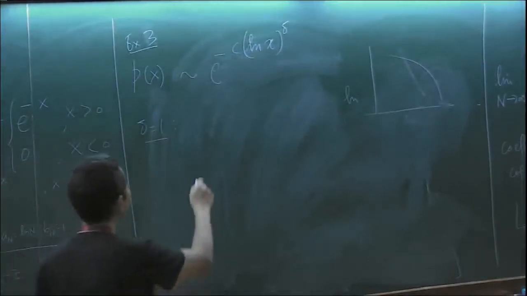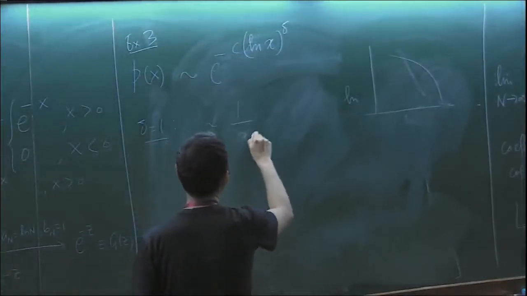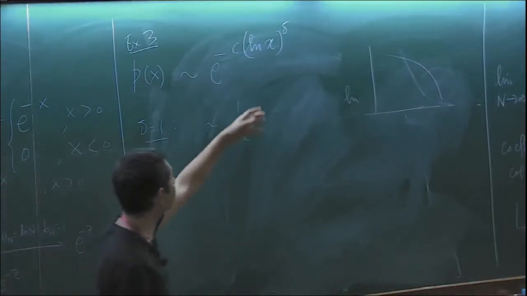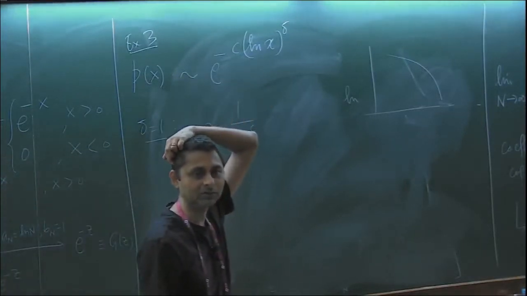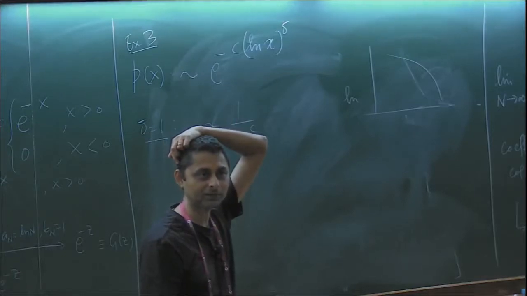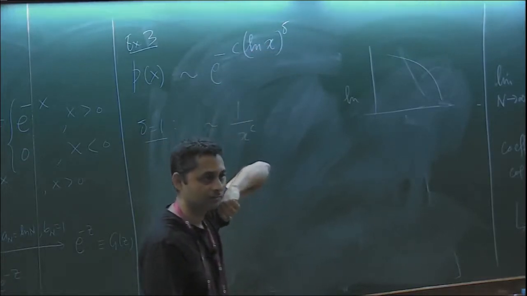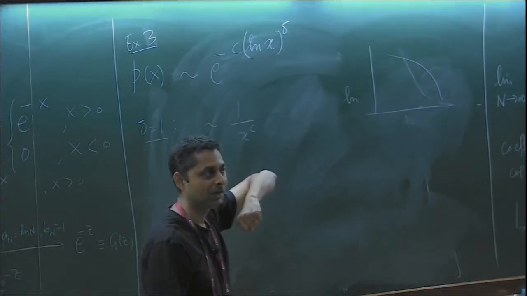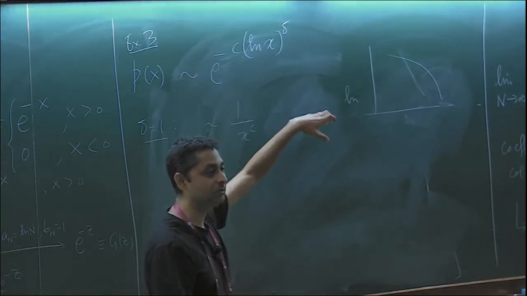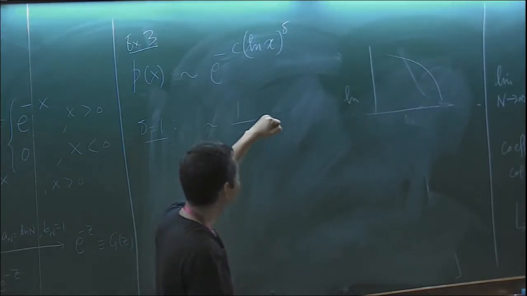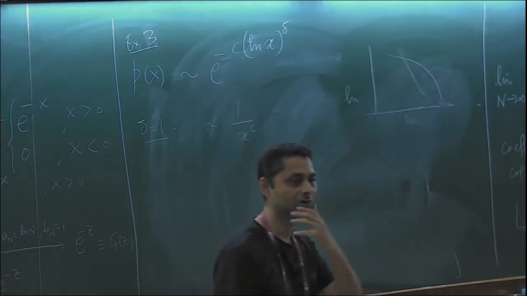It just goes like 1 by x to the power c, it's a power law. But if delta is not equal to 1, you cannot of course do that, and then it's not a power law. And this is a function which is between power law and exponential.